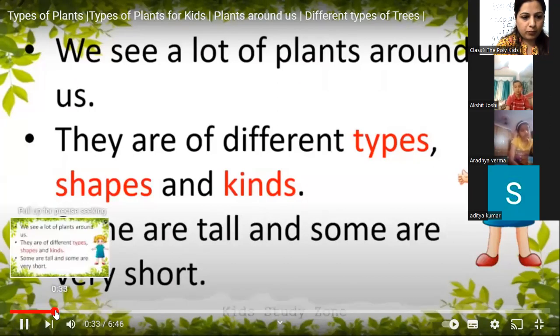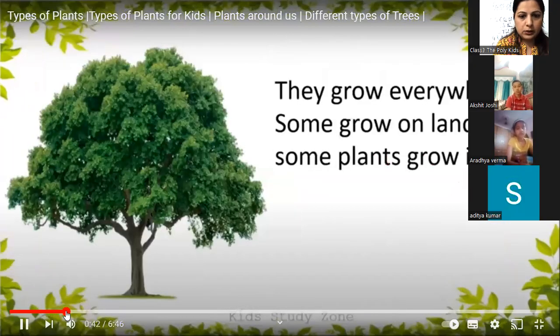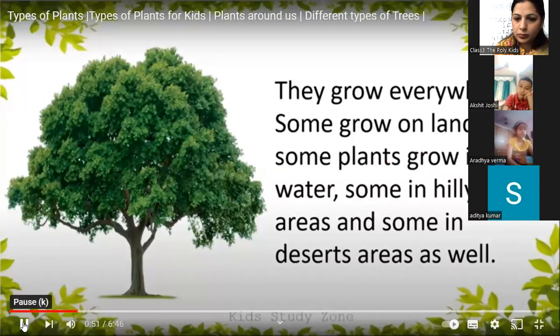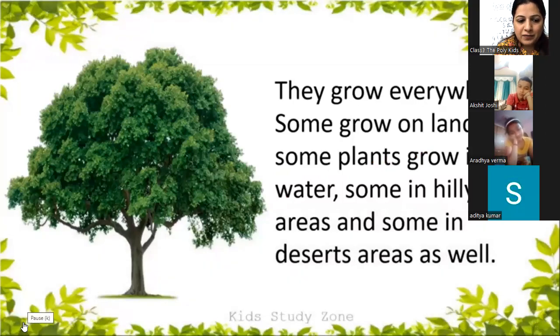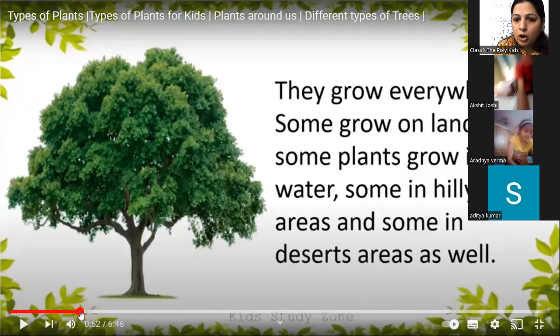Some are tall and some are bare. Some grow on land, some plants grow in water, some in hilly areas and some in desert areas as well. We can see plants everywhere.